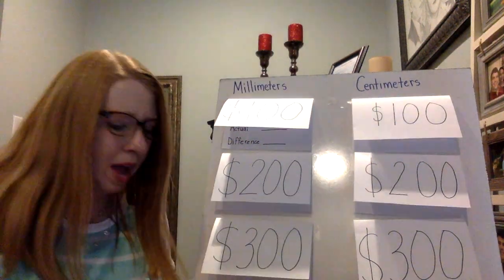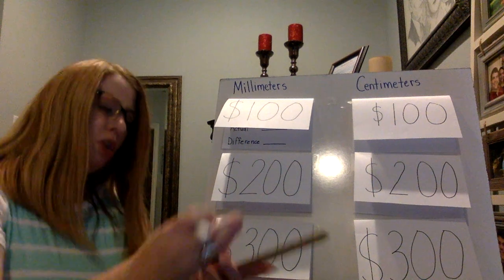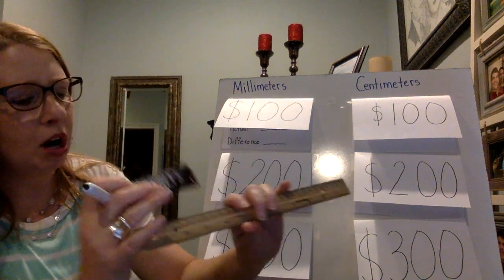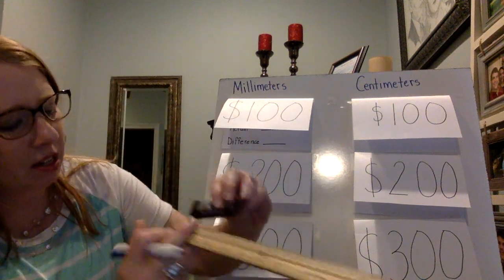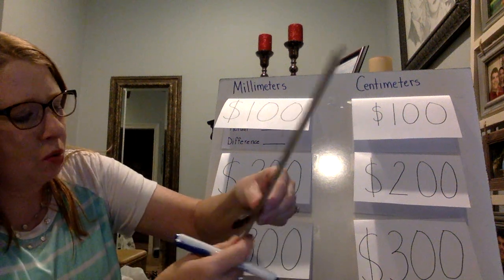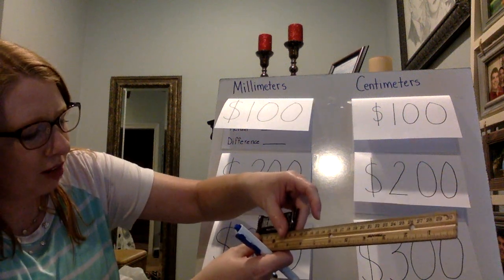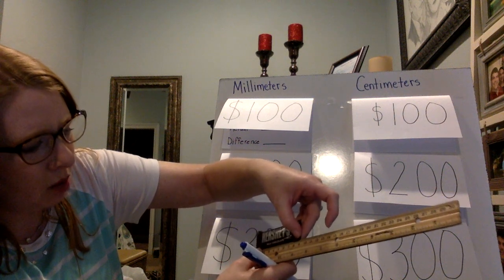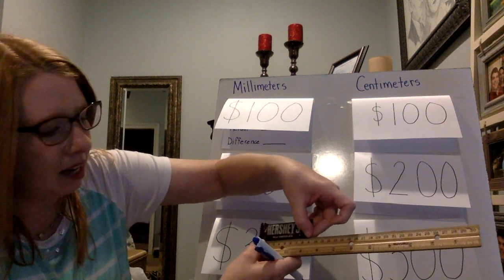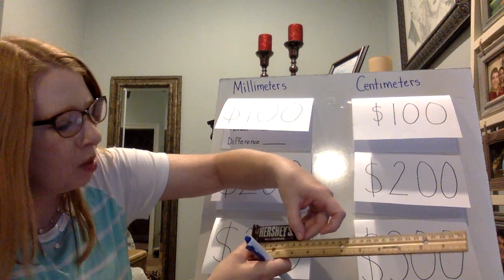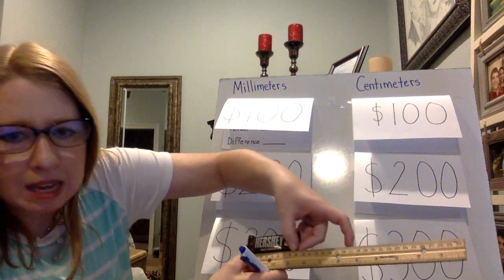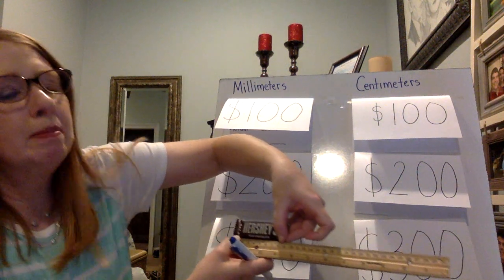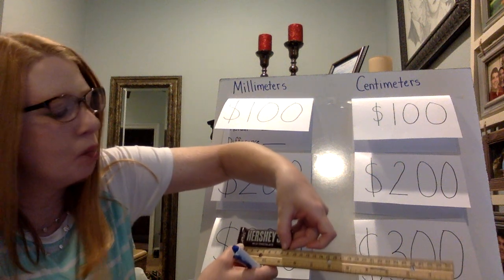Now I need to actually measure it. When I measure my Hershey bar, I'm going to start it right here at the very beginning, and I'm going to look down, and my package starts at the 0, and it ends at 9. So in millimeters, that would be 90 millimeters, because remember, it takes 10 millimeters to make 1 centimeter.